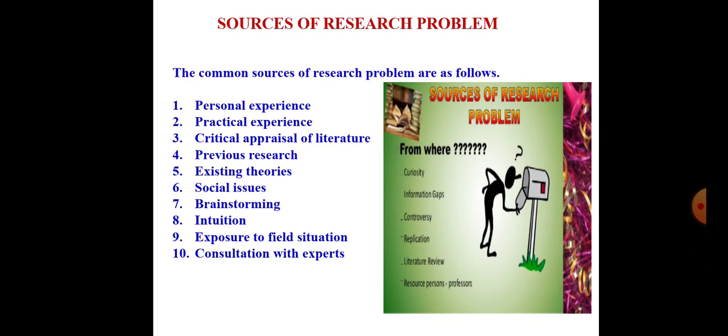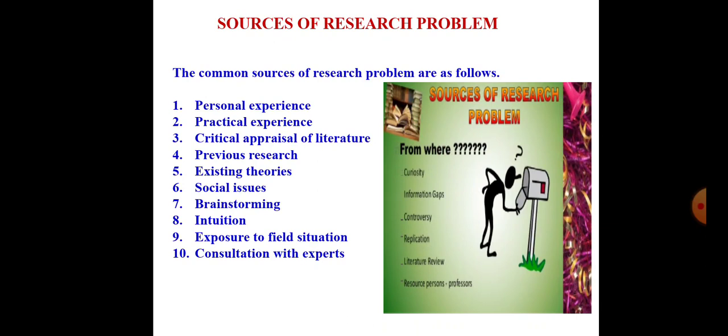When you look into the source of a research problem, we can't cover it in a single slide, but it comprises so many origins from many views and points, and any moment of our day-to-day life. But here we are looking at 10 sources only.